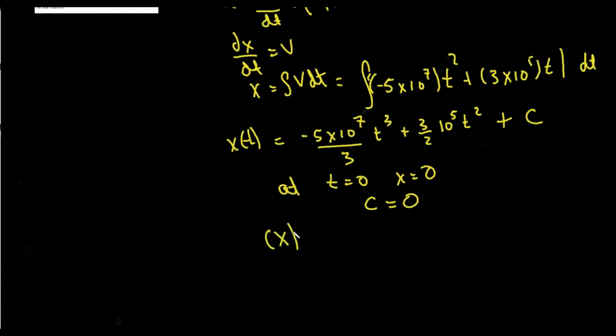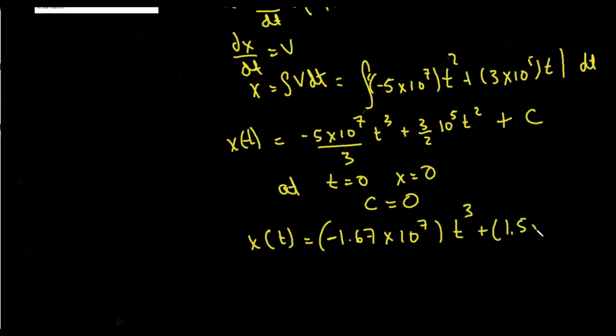And if I go ahead and divide and multiply that out, we get negative 1.67 times 10 to the 7 t cubed plus 1.5 times 10 to the 5 t squared. So that's our final position equation. And let's go to part B.